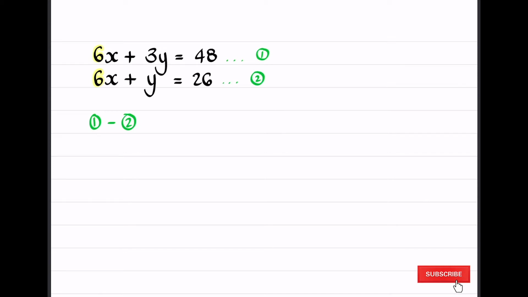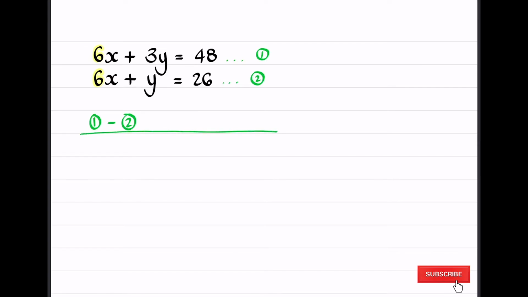If I were to add the two equations, I would have said equation 1 plus equation 2. That would have given me 6x plus 6x, which would have given me 12x, and that's not what I want because that wouldn't have cancelled it out. So in order to cancel out one of the variables, I have to choose the correct operation. So that's why I'm going to say subtraction, because 6x minus 6x is going to cancel out.